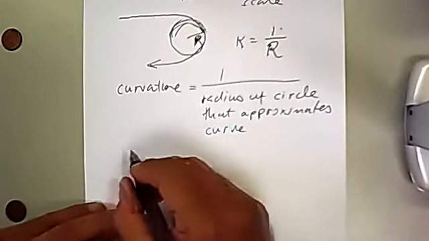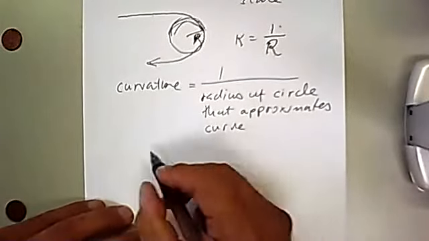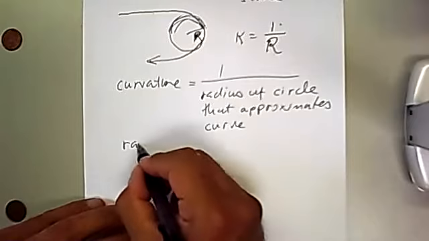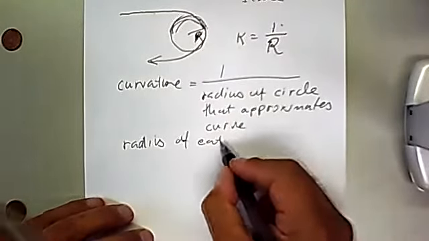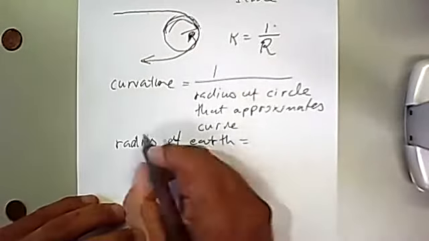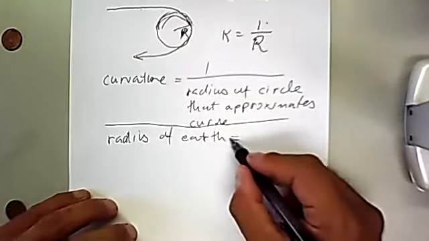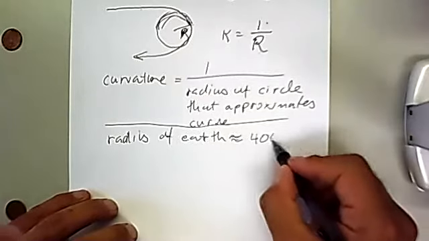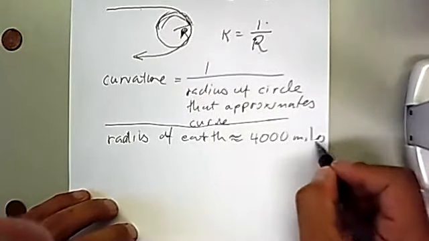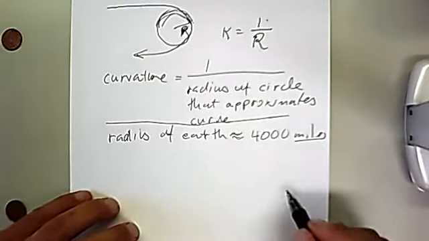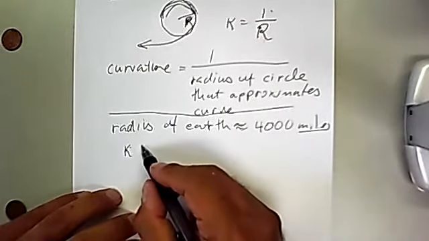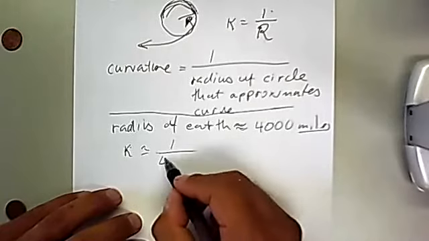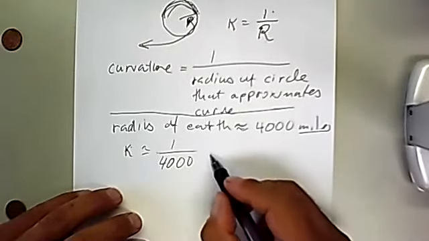Just to give you an idea, for comparison purposes, the radius of Earth, I have to double check, but off the top of my head, I think it's somewhere in the neighborhood of 4,000 miles. So we're using miles as units. So the curvature on the surface of the Earth is about 1 over 4,000.